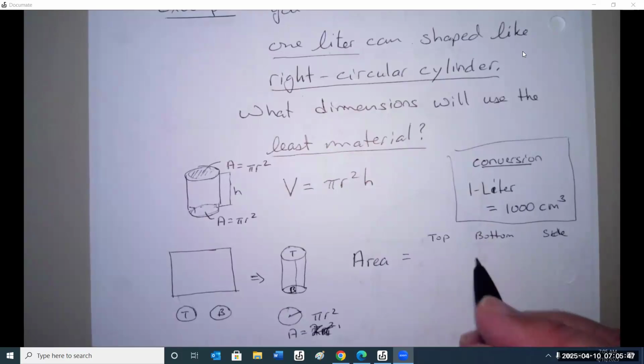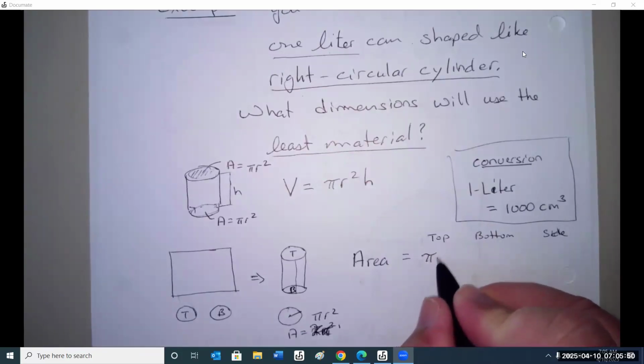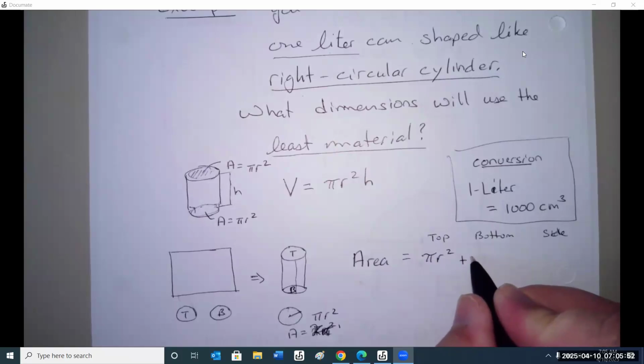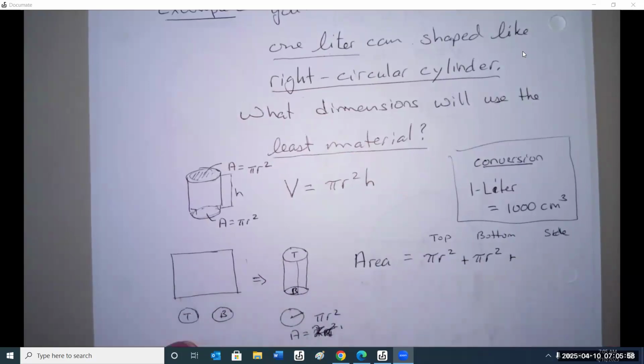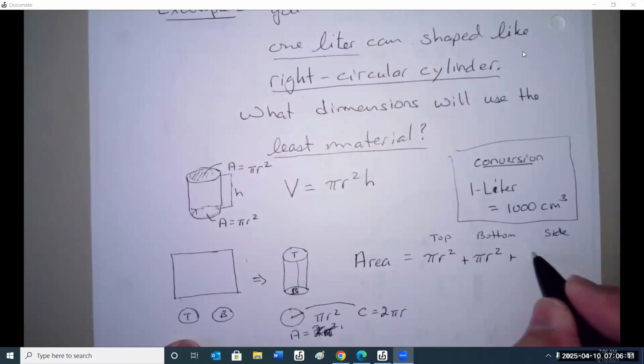So the top is pi r squared. The bottom is pi r squared. And the side is the circumference. It's the outside of a circle. The circumference of a circle is 2 pi r.